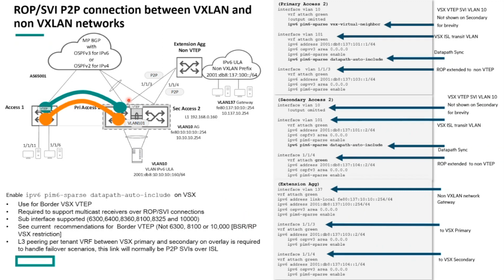In terms of the point-to-point links, if we look at the primary here, I've got this IPv6 sparse data path auto include, and this is this VLAN across here.